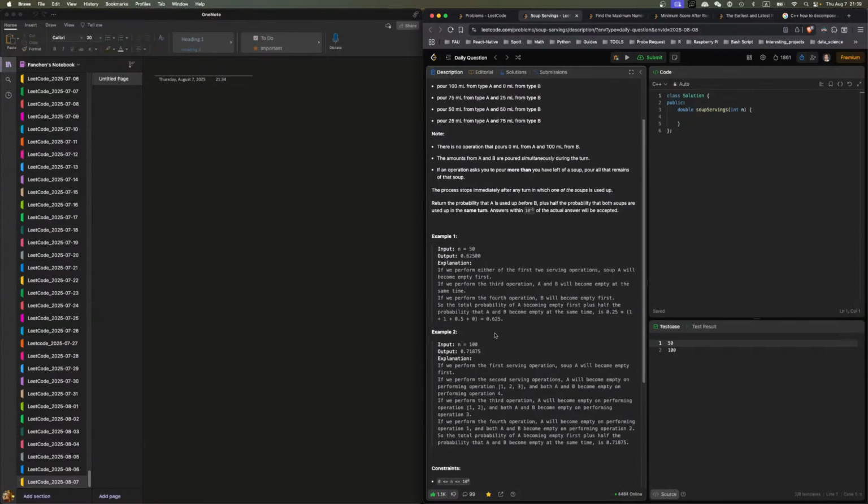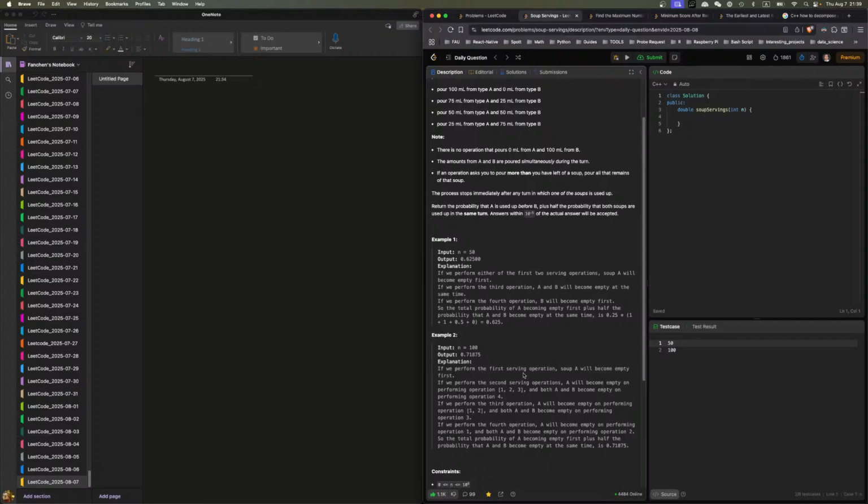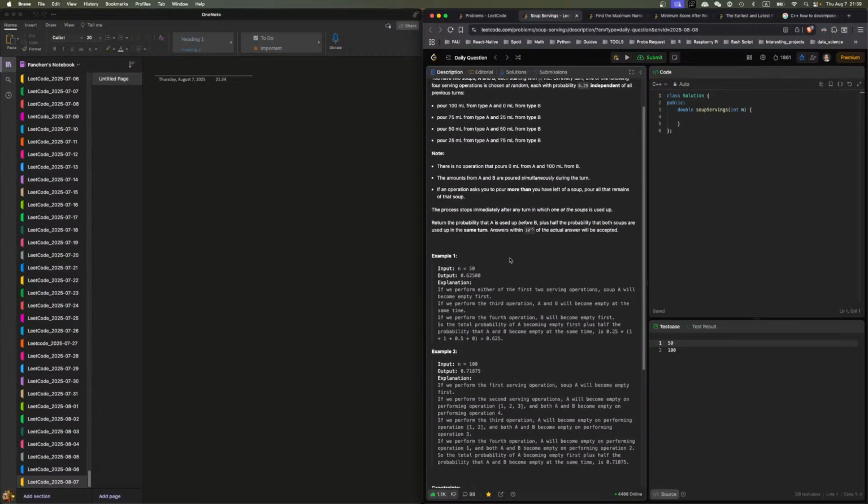So now we have 100. If we perform the first serving option, soup A will become empty first. If we perform the second option, A will become empty. So it's like DP, right? So you have 4 options. So you say if I take the first one, what's the probability and the remaining? And if I take the second one, what's the probability of the remaining?